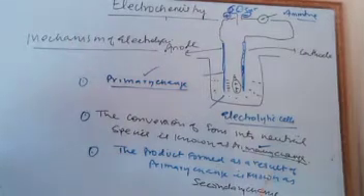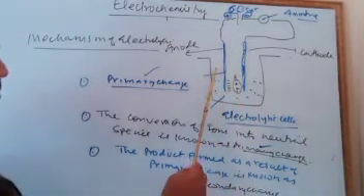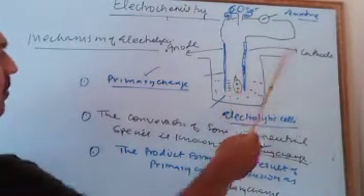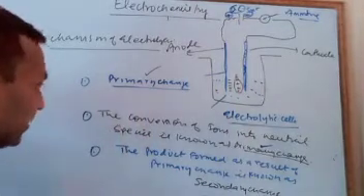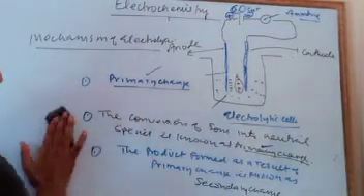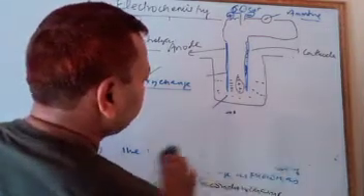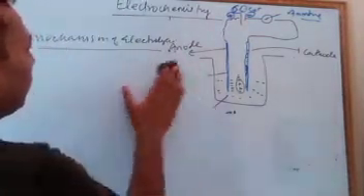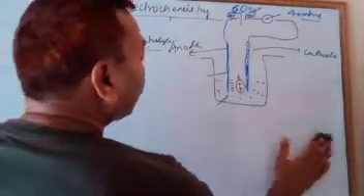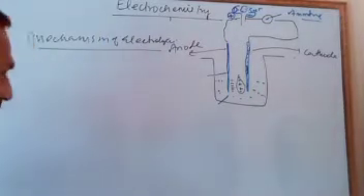So negative species move towards the anode and cations move towards the cathode. Keep this point in mind. Now we have understood what primary change and secondary change are in an electrolytic cell.